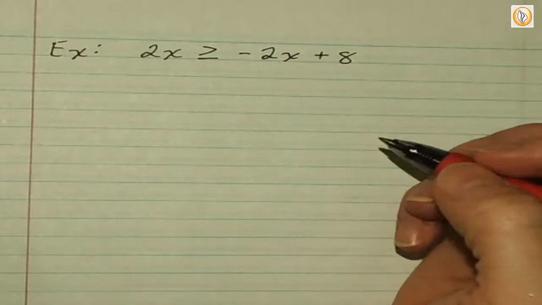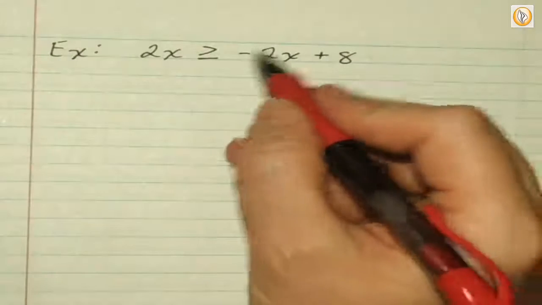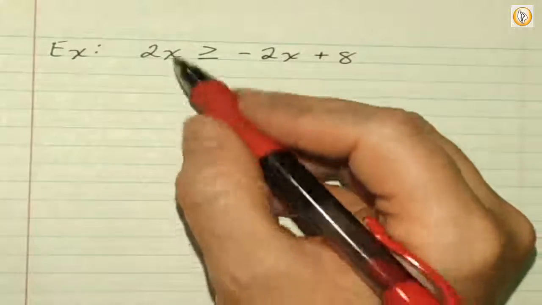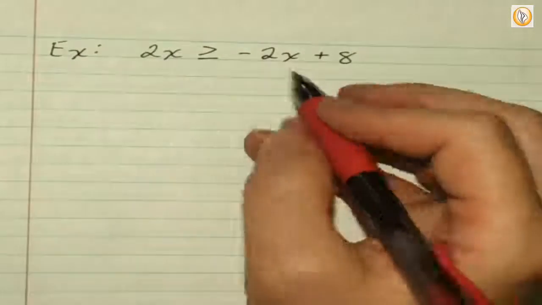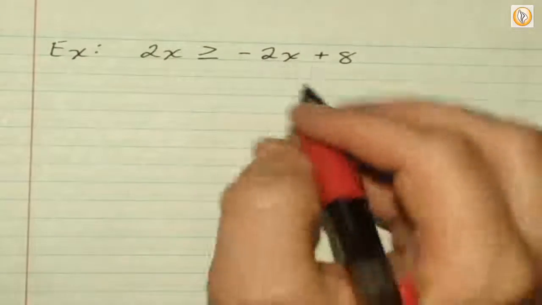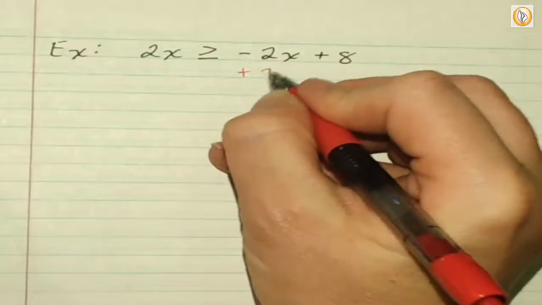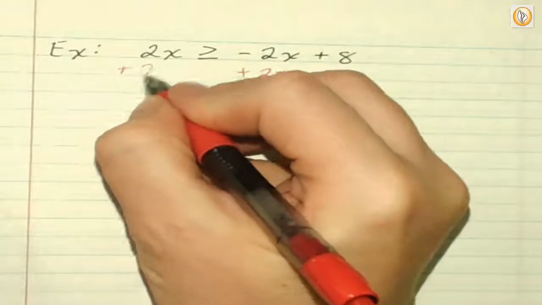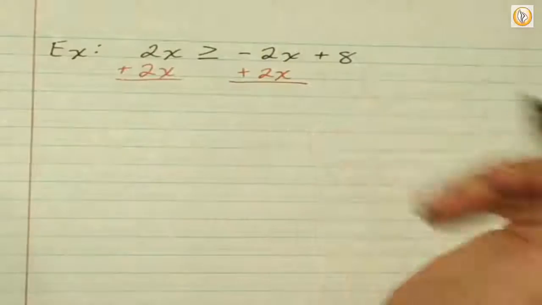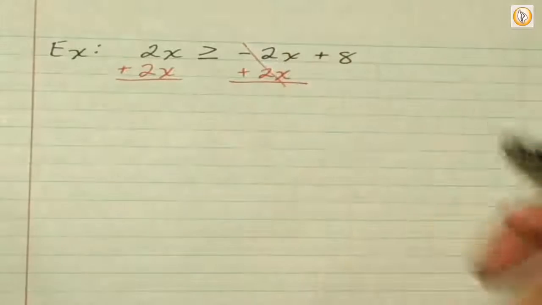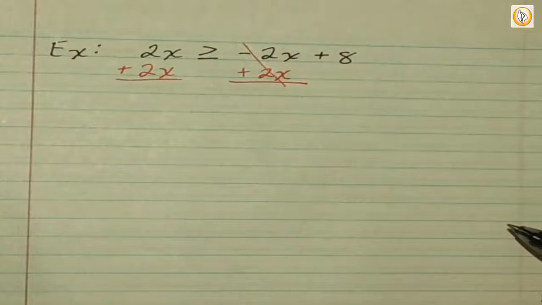Get rid of which one? That's right. We need to get rid of this one because we want our variable on the left side. Very good. So how do I get rid of this whole thing? Look at her go. We are adding 2x on both sides. She is correct. This is the one you need to move first, and that's how you do it.